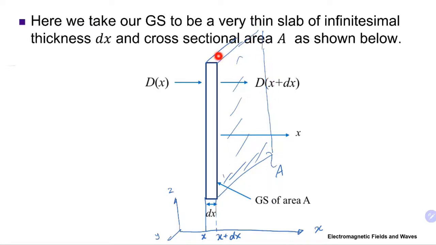The charge doesn't change in the y and z directions, and here I have an area A. So the electric flux entering through this surface will be D as a function of x times A, and coming out will be D at x plus dx times A.